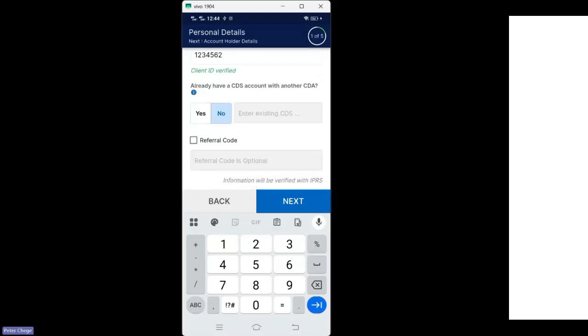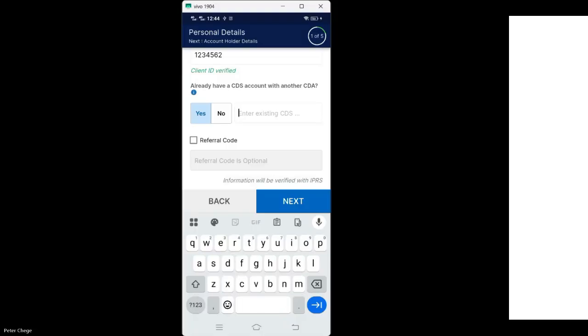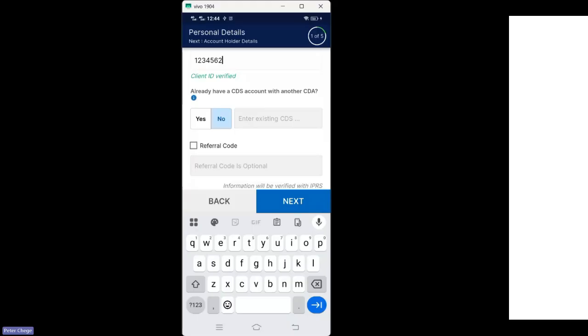So that's fine. If you have an account with another broker and you're moving from that broker to AIB, you just click yes, then you give the existing CDSC number. If possible, put the leading zeros, then the number. If you don't remember the zeros, just give the number. If you are a new client, just click no. If you have been referred by a friend, it's always good to promote them.